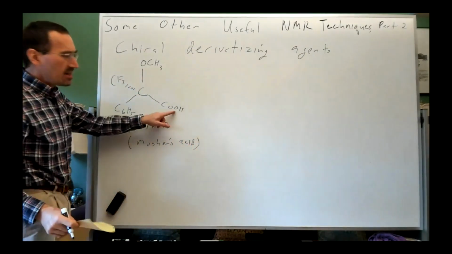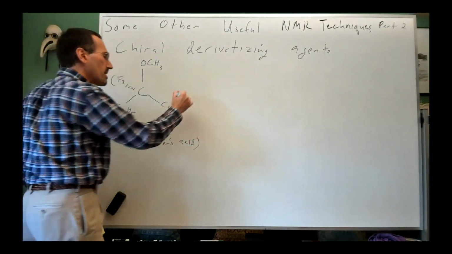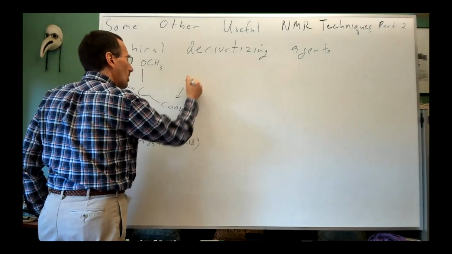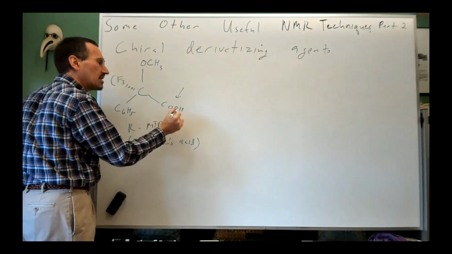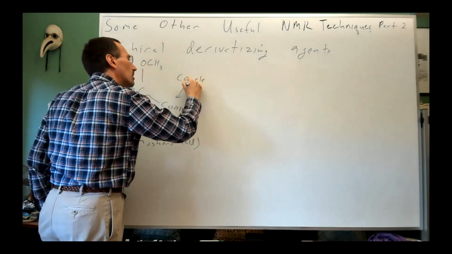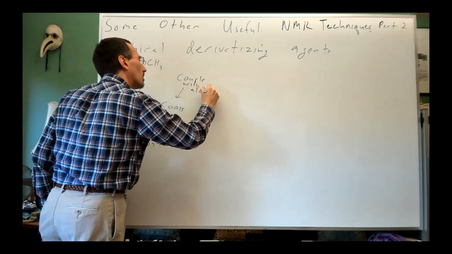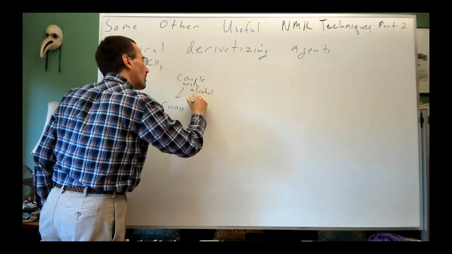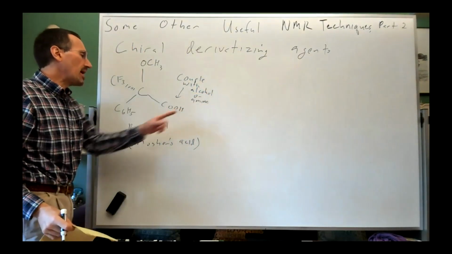And the idea is that you've got a carboxylic acid, so it can react with an amine or an alcohol in the presence of a coupling agent, or you can make the acid chloride. So I'll say couple with alcohol or amine to make an ester or an amide.